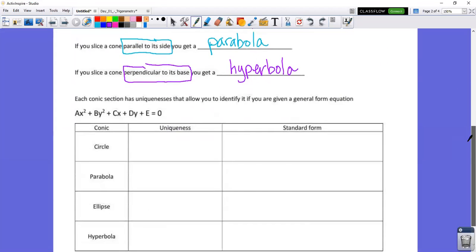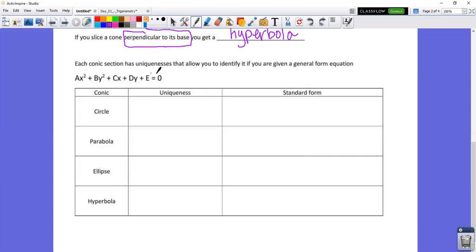So here you see the general equation. This is the general equation for all of our conic sections. I'm not going to say polynomial, because polynomials only have 1 variable, where these have 2 variables.